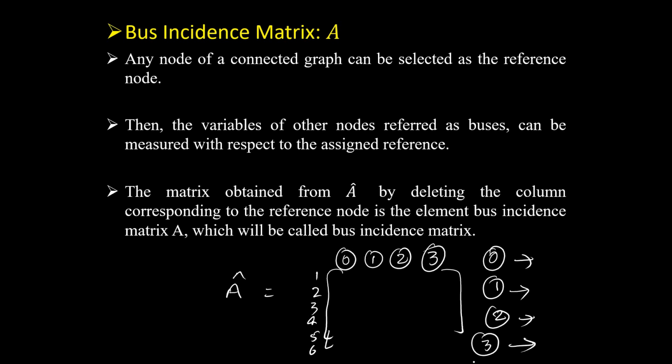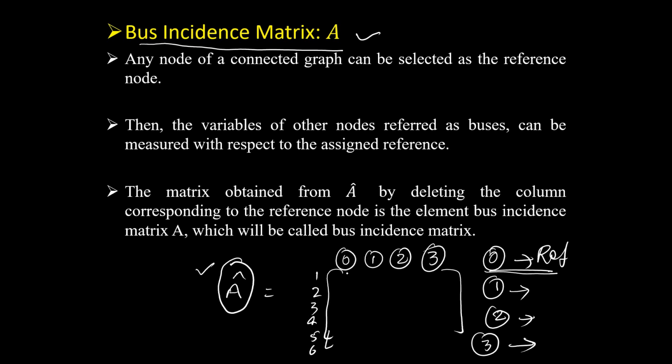Whichever node I consider as a reference, if you delete that respective column from the A cap matrix, the resultant matrix will be called the bus incidence matrix A. It is very, very simple. If you understand the formation of the A cap matrix, the A matrix is nothing but the A cap matrix with the column for the reference node deleted.